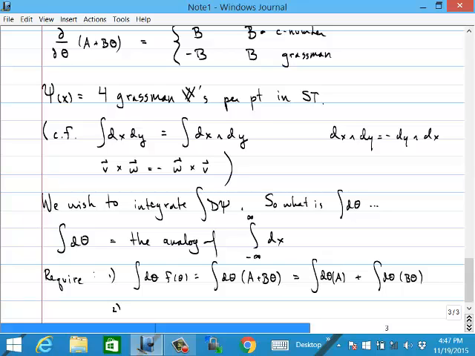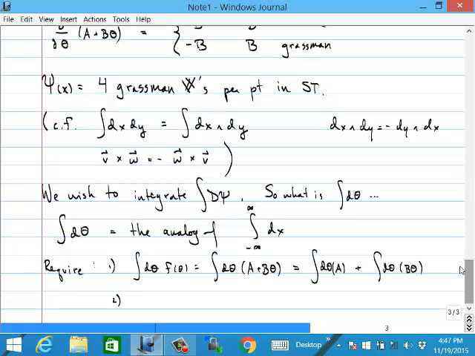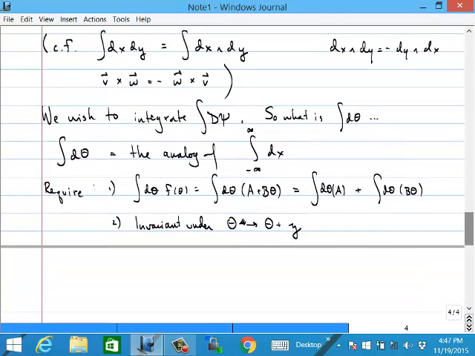And the second thing that I'm going to demand is that the integral is invariant under shifts of the integration variable. That is to say, the integral of f of theta plus eta is equal to the integral of f of theta.